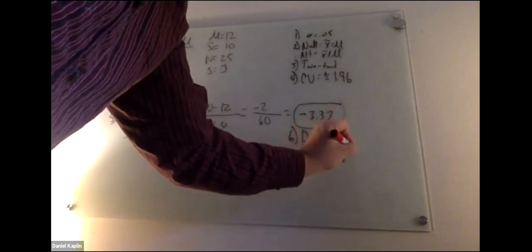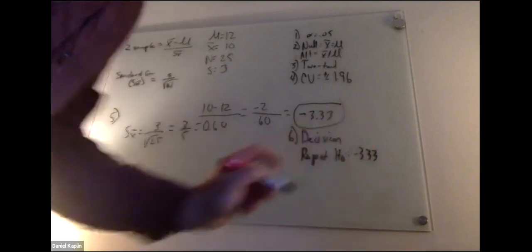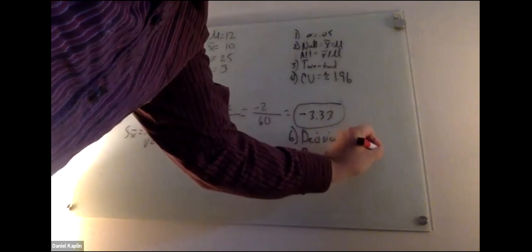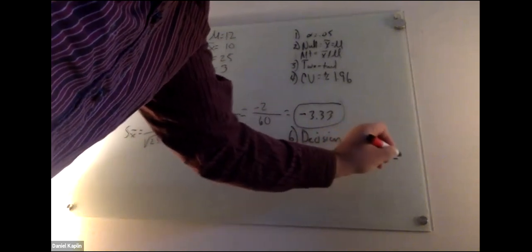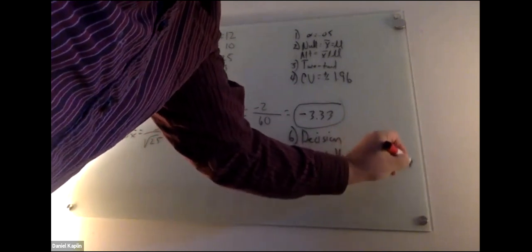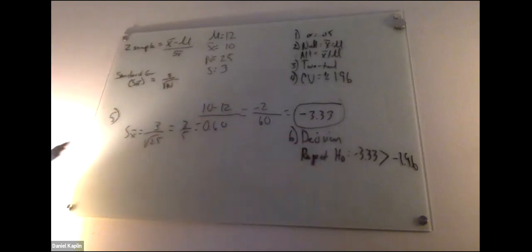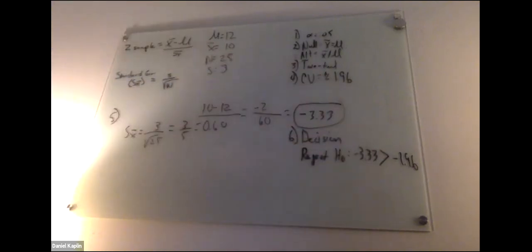because -3.33 is greater than minus 1.96 in the negative. So -3.33 is more negative than minus 1.96.